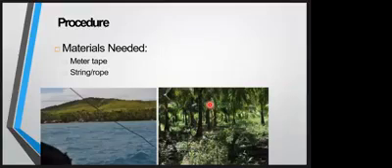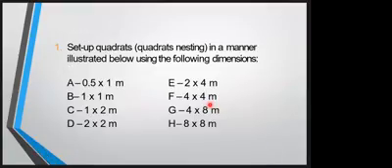So the procedure is, first you need to have a meter tape and then a string or rope. Then you set up quadrats in a manner illustrated by using the following dimensions. So for example, in letter A, let's say 4 by 4 meter, or 8 by 8 meter is the overall quadrat.